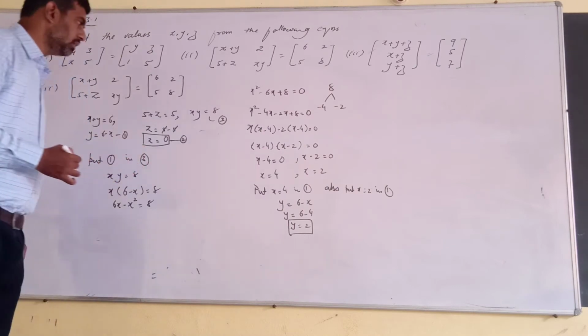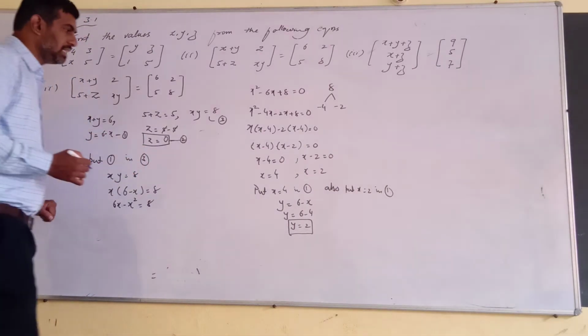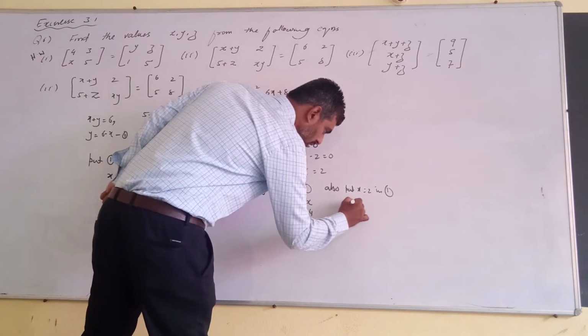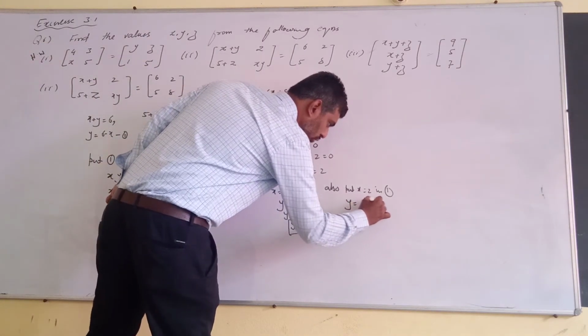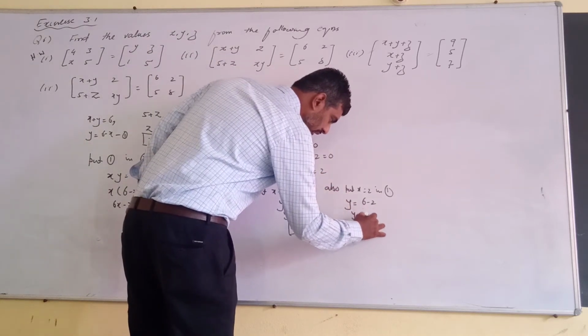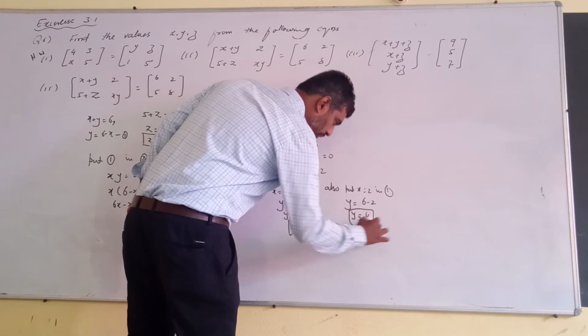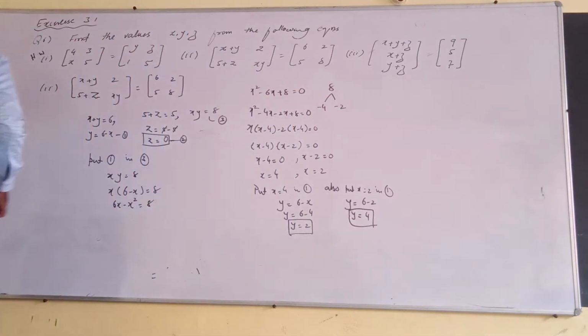What is that equation? See, y is equal to 6 minus x. y is equal to 6 minus 2. What did we get? 6 minus 2. So y is equal to 4.